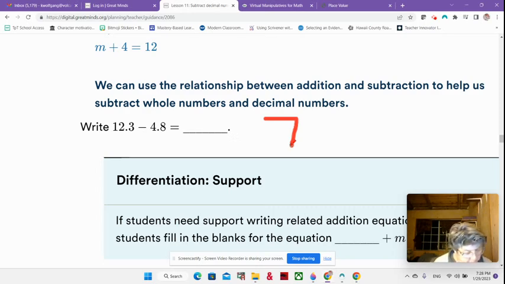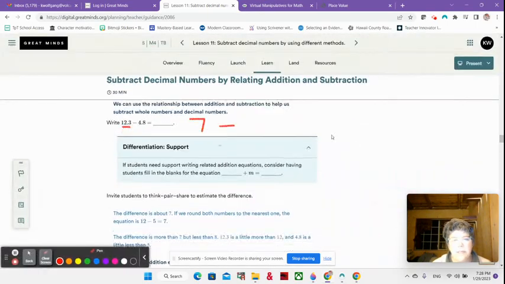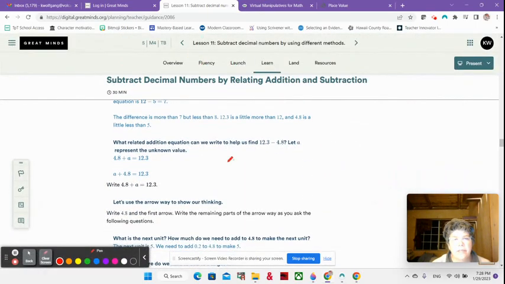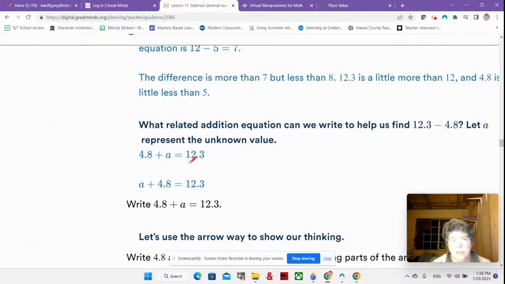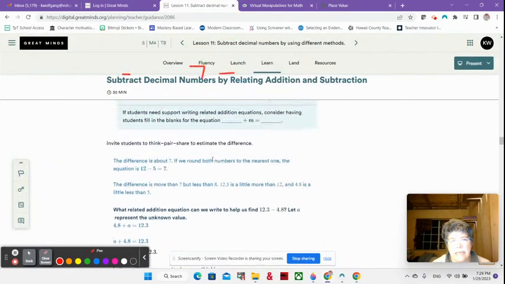So now we have to think of a related addition equation that we can use when we flip this around, right? Now remember what I said, your first number is going to become your last number. So 12 and 3/10 became our last number, right?